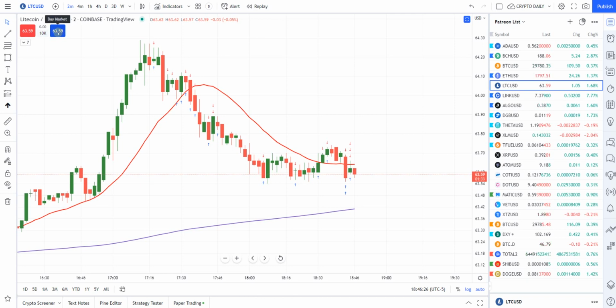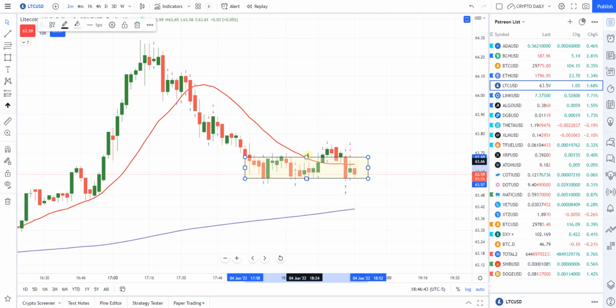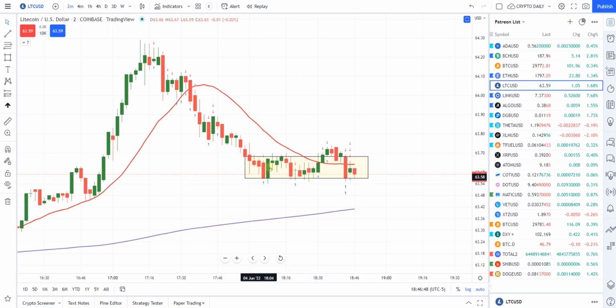You can't get a sell on the other side. See all that, not above it, but what's right in here. All that's trading here.